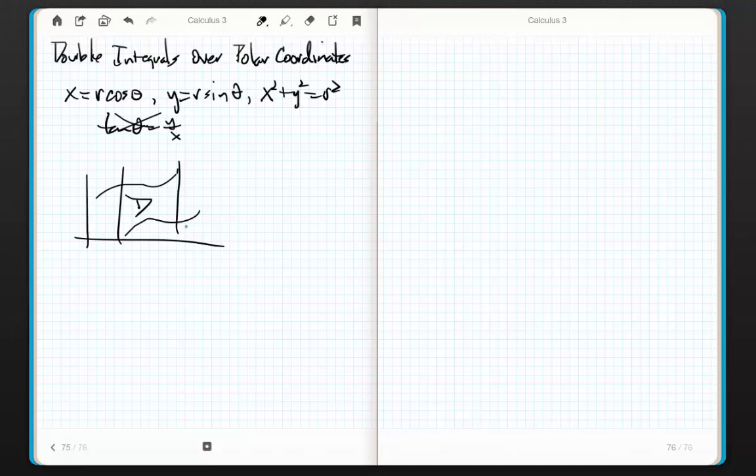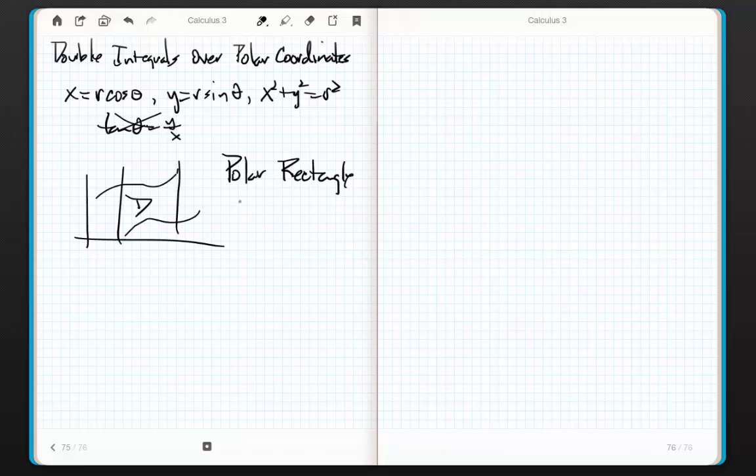Okay, so first things first. I need a deep breath myself because this stuff can get a little bit confusing. There's something called a polar rectangle. A polar rectangle is simply if I have two separate r's between two theta values.